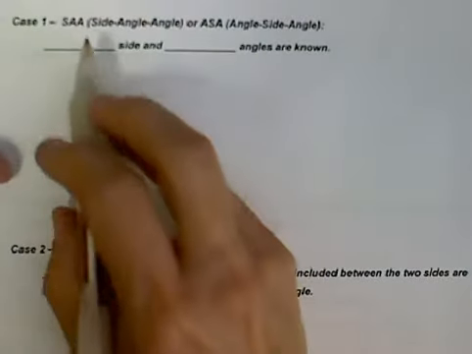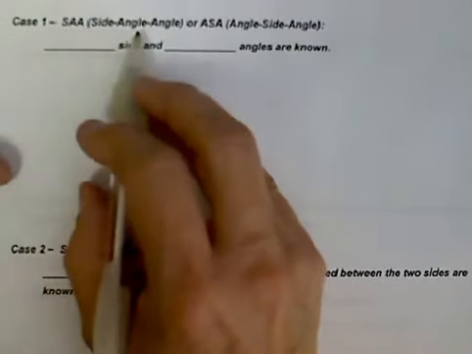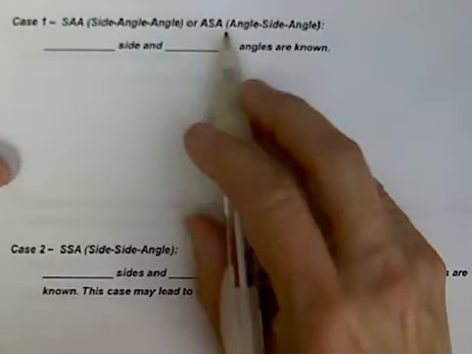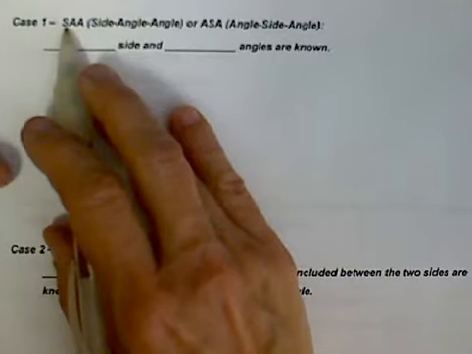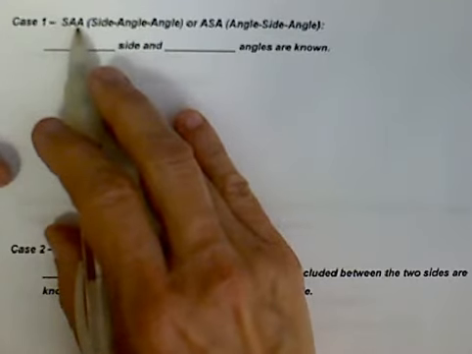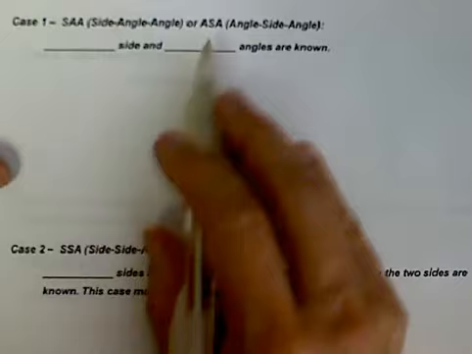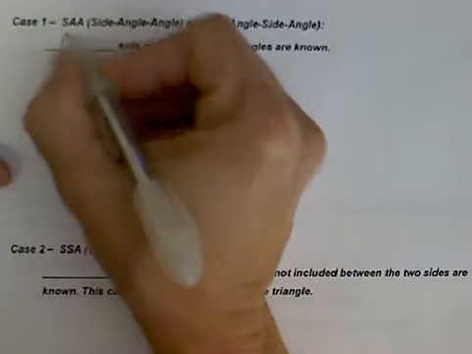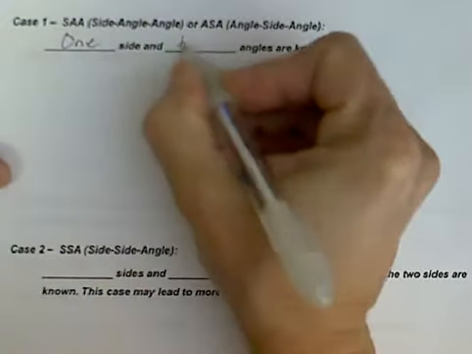The first case is called SAA, or side angle angle, or ASA, which means angle side angle. The way these are written tells you where the side is and the two angles that we know. This one means that we know one side and two angles.